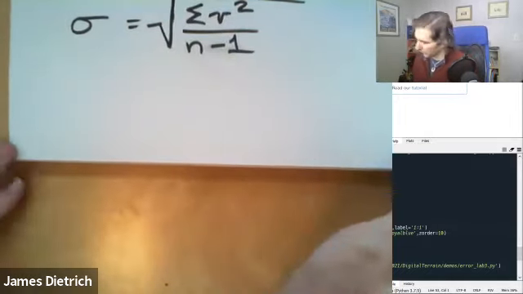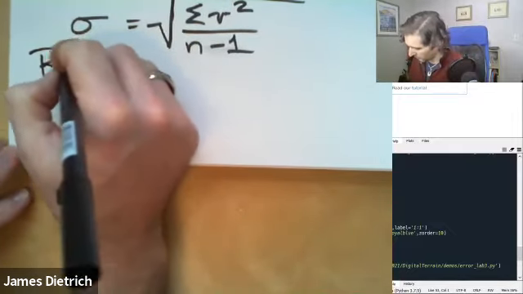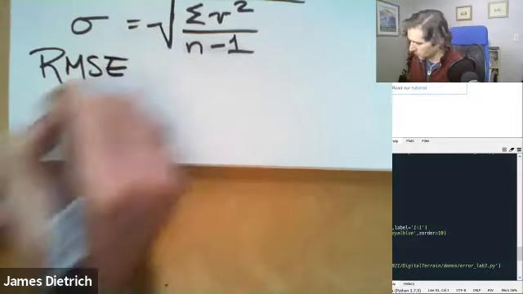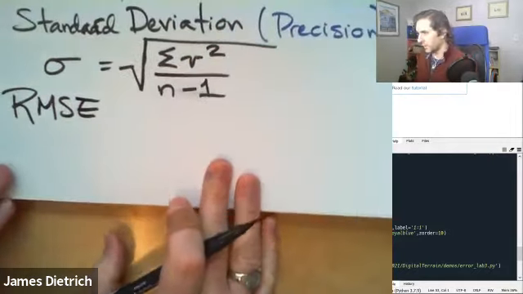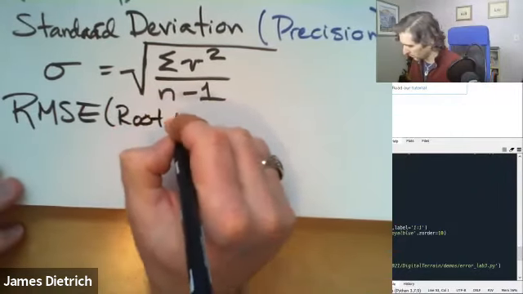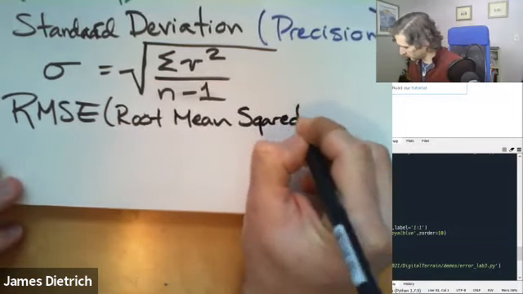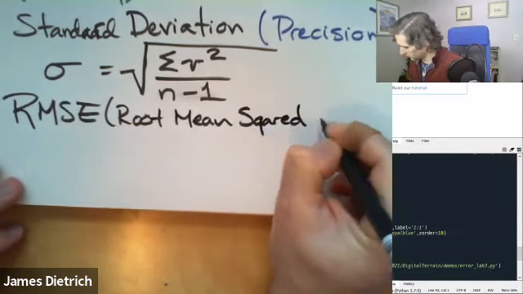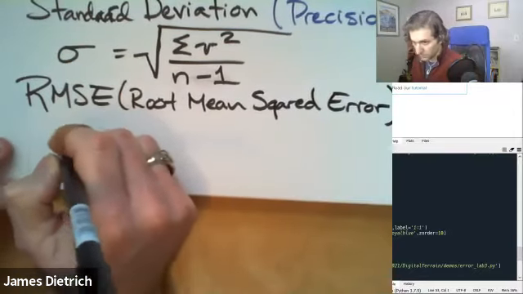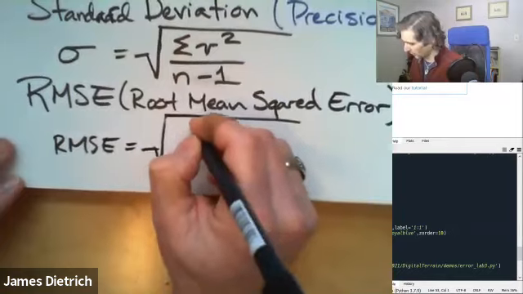And then the last one for today, and this is something you've seen if you've done any amount of GIS or remote sensing, is what we call the root mean squared error statistic. This doesn't have a symbol, but it's very similar to a standard deviation.